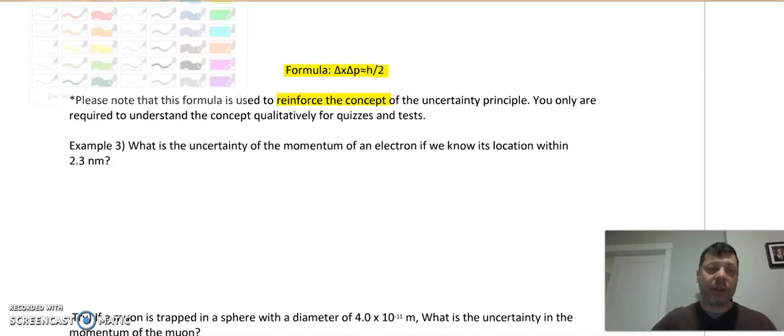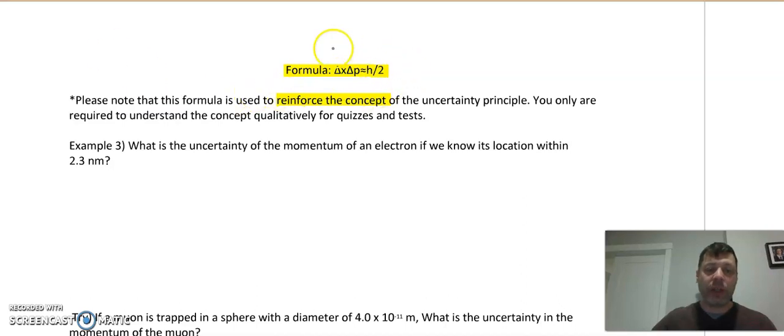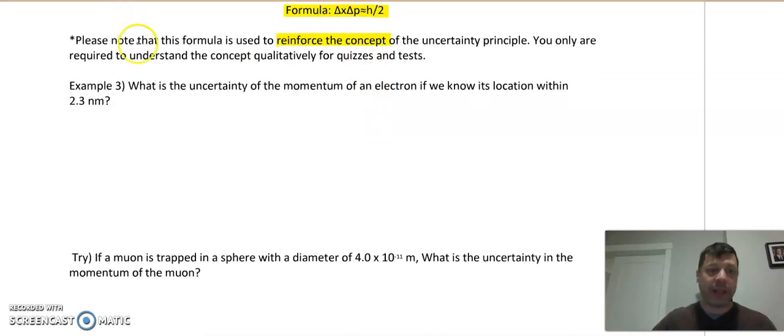This is not an equation that you'll have to be using on, let's say, a diploma exam. However, just to give you an idea of how this works, the uncertainty of the position times the uncertainty of the momentum is going to be approximately h over 2.